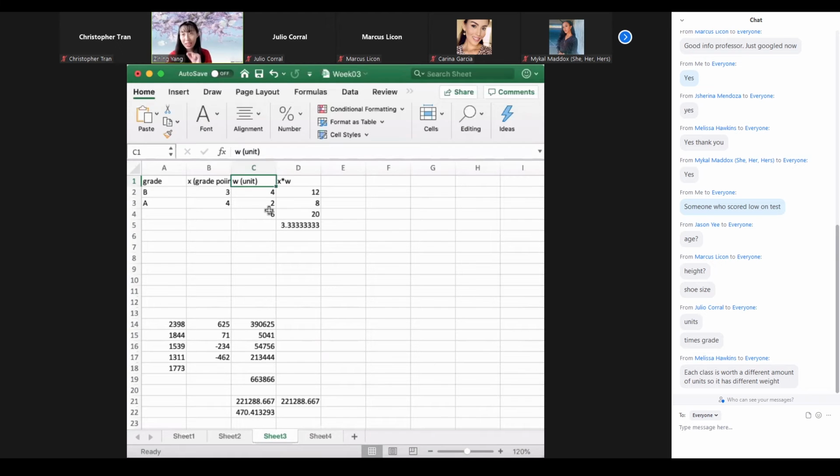That's exactly what Melissa says. Each class is worth a different amount of units. I think this class is a 3-unit class, but you have 4-unit classes, 2-unit classes, and there are 1-unit classes. So we need to build a column of weight. So start with these 3 columns. And then I will quickly show you.